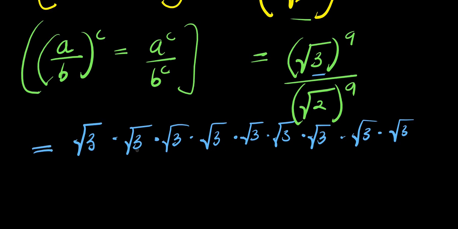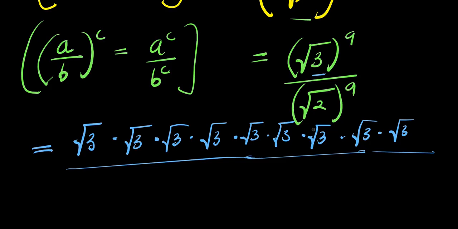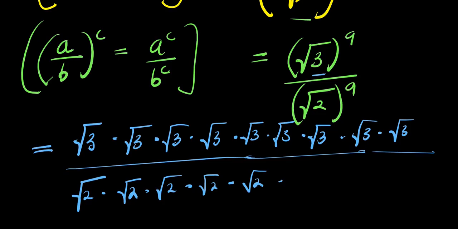It should be 9: 1, 2, 3, 4, 5, 6, 7, 8, 9. And this is divided by square root of 2 to the power 9. This is square root of 2 times square root of 2, and so on, nine times: 1, 2, 3, 4, 5, 6, 7, 8, 9.